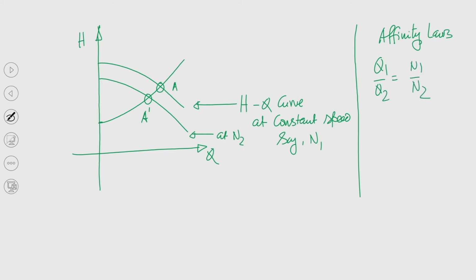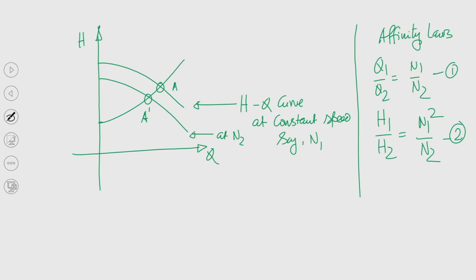For the time being, just accept it; I will discuss this part again. Then h1 by h2 equal to n1 square by n2 square. Say this is equation 1 and this is equation 2. For the time being these two laws will be used, because we are talking only about h and q.